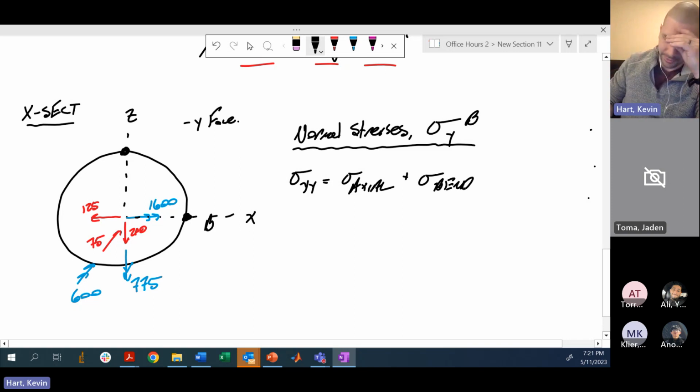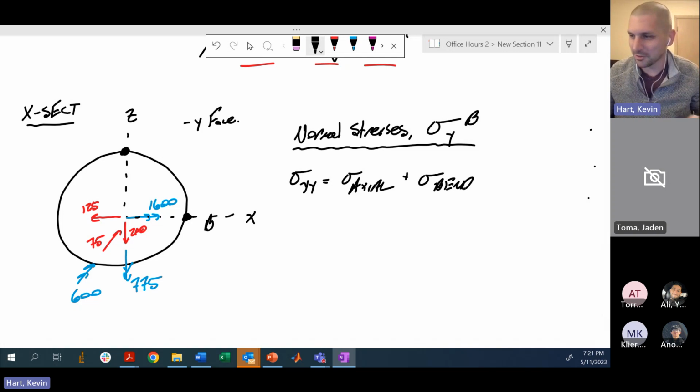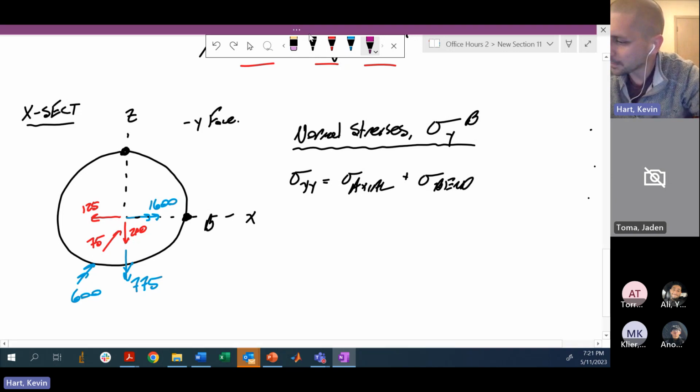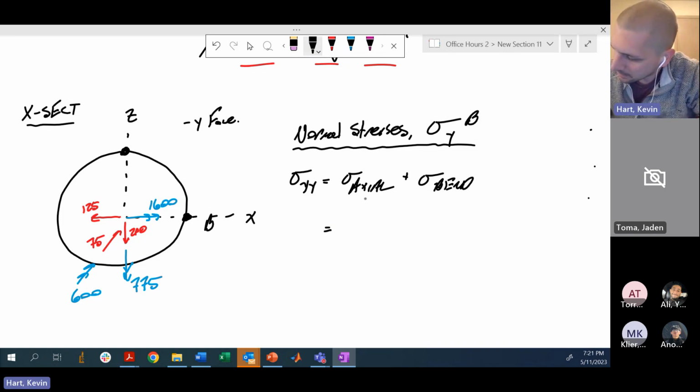Can come from either of those two things. And so we just want to try to handle this like we've handled all the other ones. All right. So do I have an axial force pressing on the face here? Well, yes, I have everything in this problem. So yeah, obviously. And the axial load that's pressing on my face is this sort of 75 pounds right here. So here we have what would be Fy on AY.